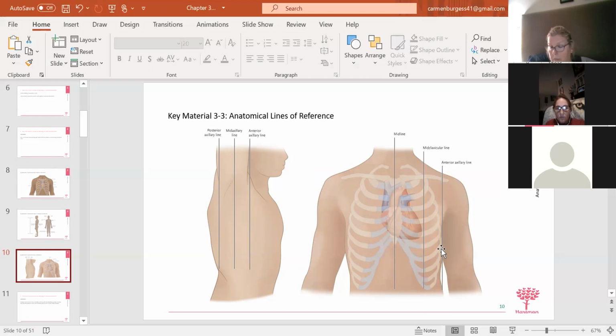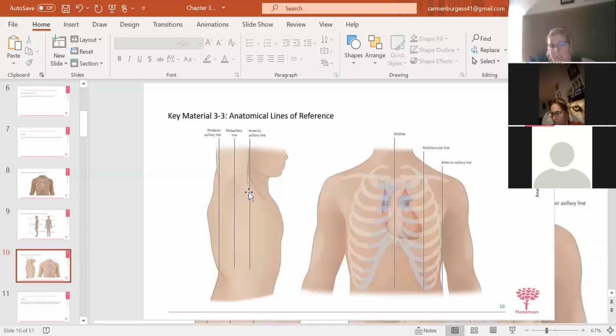Now your mid-axillary, because that's where you're going to put one of your electrodes, is, if you look over here on this side, this is it. It's straight in the middle of your armpit. If you raise your arm and cut a line straight down your side from the middle of your armpit down, that would be your mid-axillary line. So you have this anterior axillary, and then you have this mid.